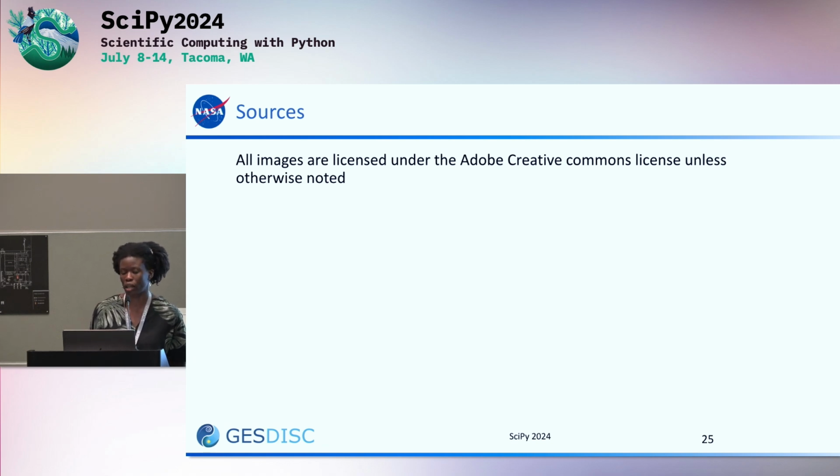Yeah, I would definitely love that. And I think there's definitely been a push for having more NASA folks in the open source world. So I can definitely see that. We would love that.